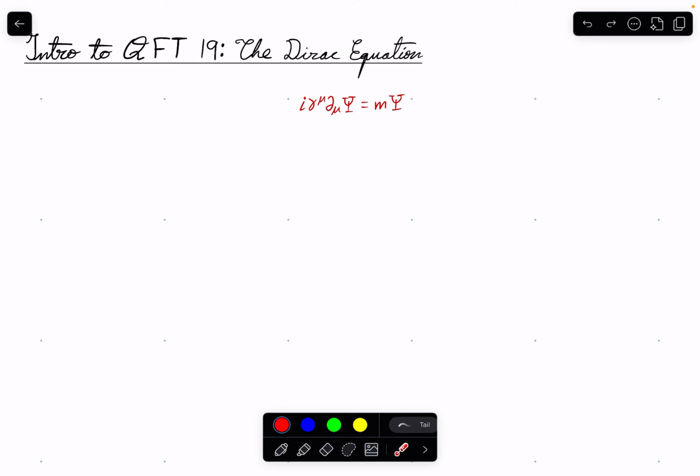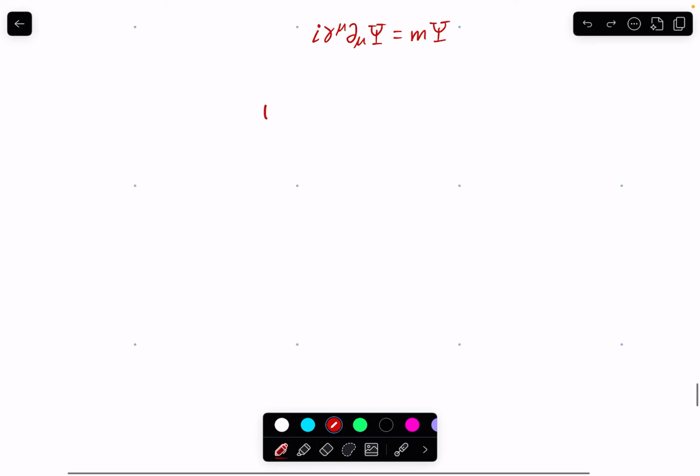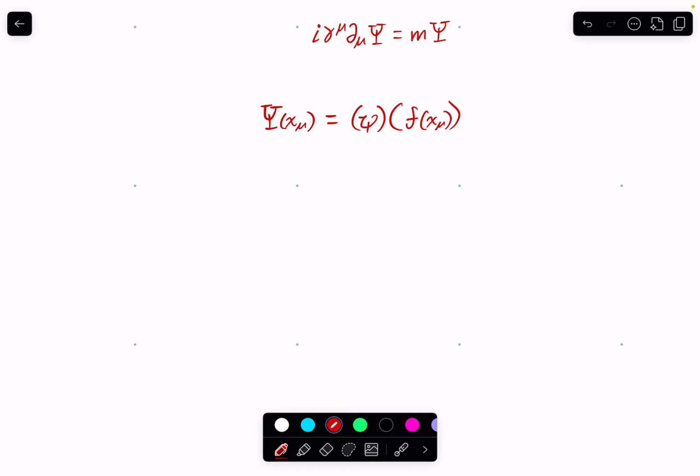So solutions to the Dirac equation behave like scalar fields, i.e. they are wave-like, but they have internal structure, whereas scalar fields do not. So what do I mean by this? I mean that in general, you have a Dirac spinor, which is dependent upon spacetime position, and there's going to be a component C and some component F, which is fully reliant on its position.